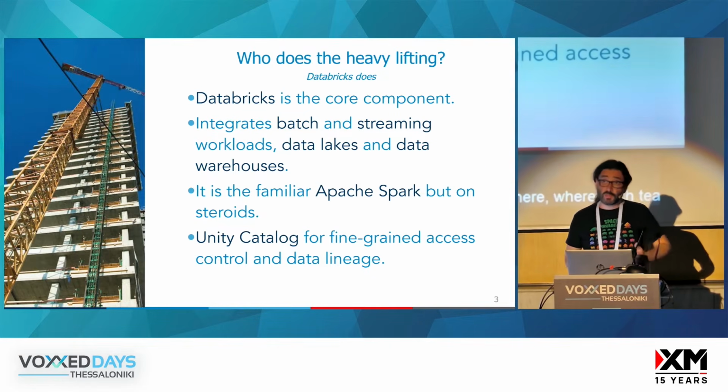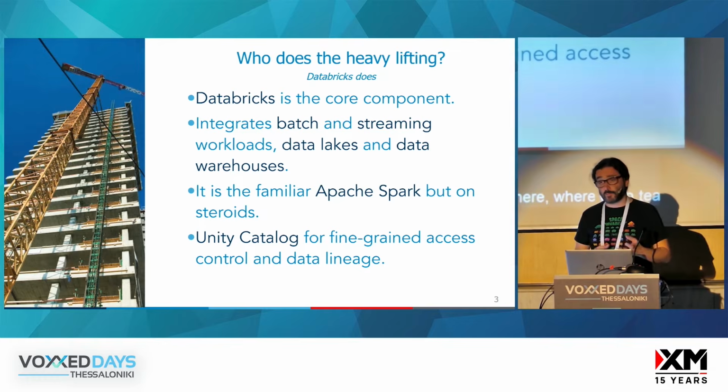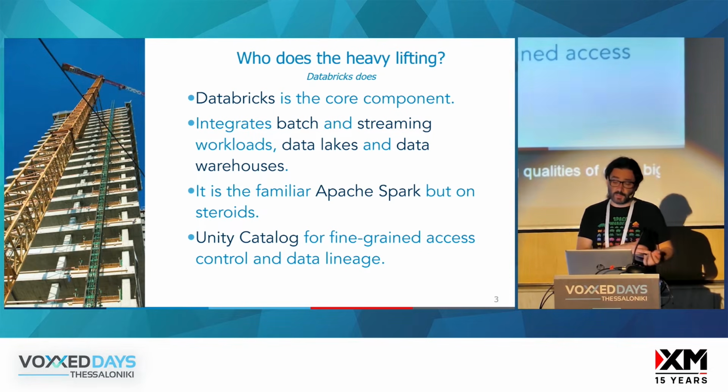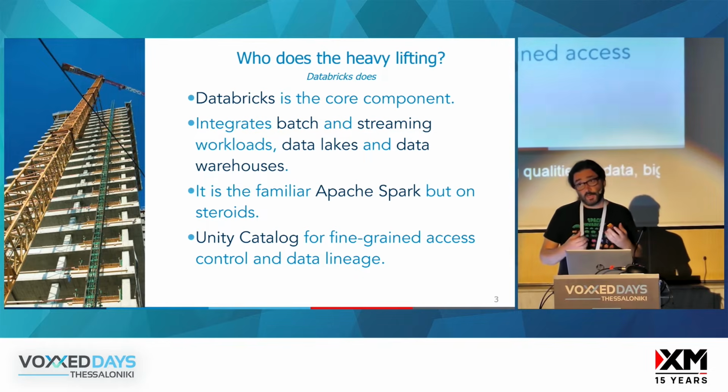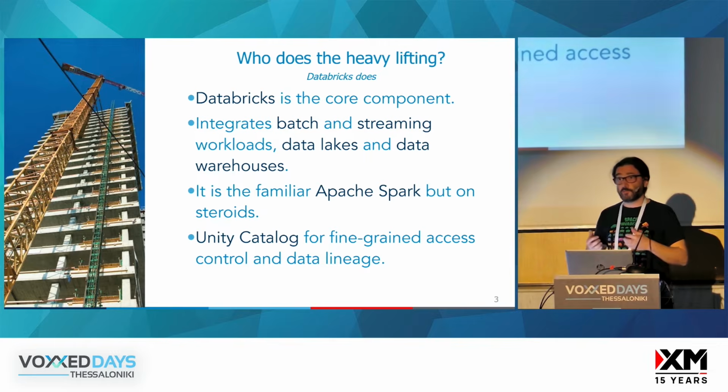Another question is, how do we do the heavy lifting? What about big quantities of data, big velocities, and all of that? We opted for Databricks because it's familiar, Spark on steroids. A lot of developers know their way around it, if it's Spark or if it's Databricks.